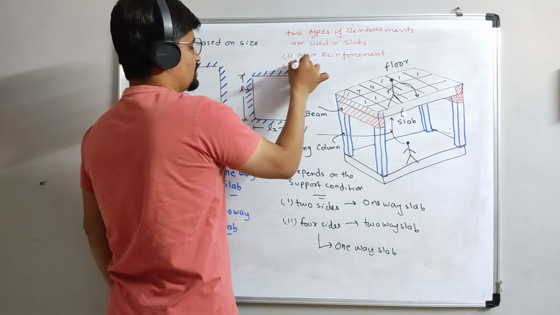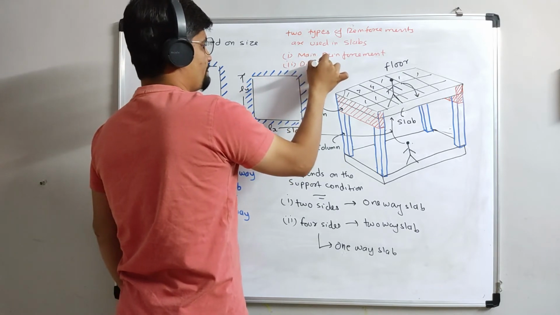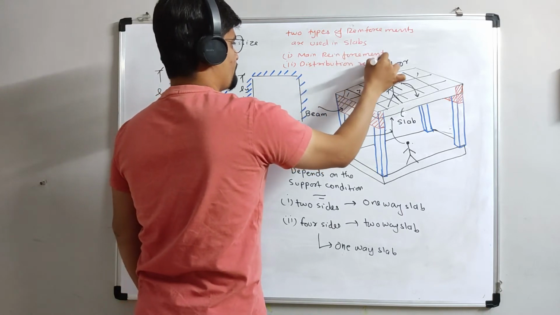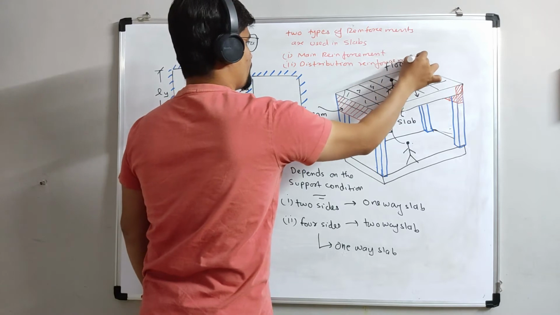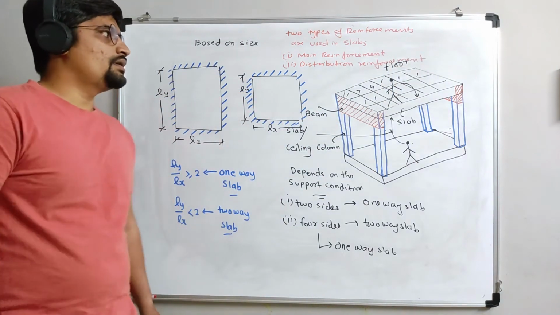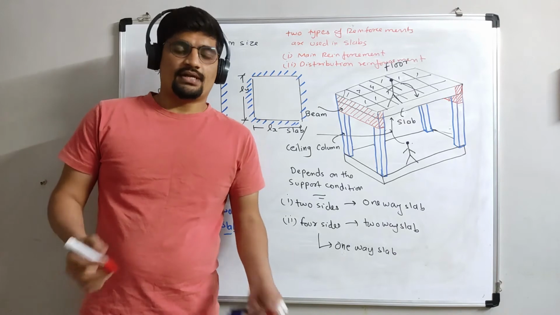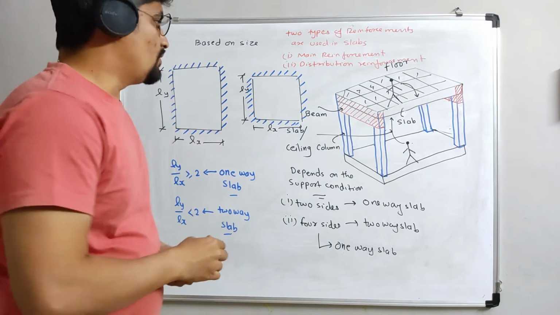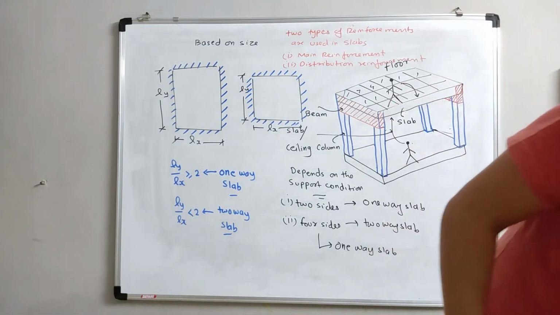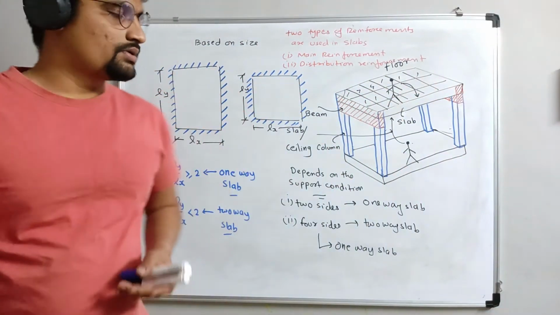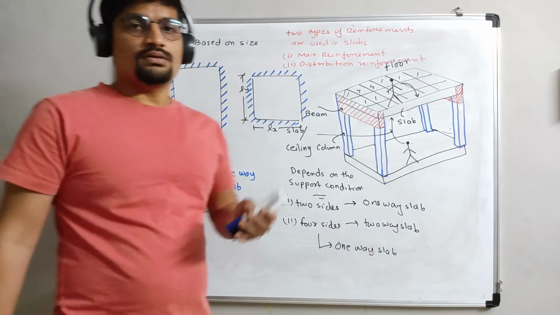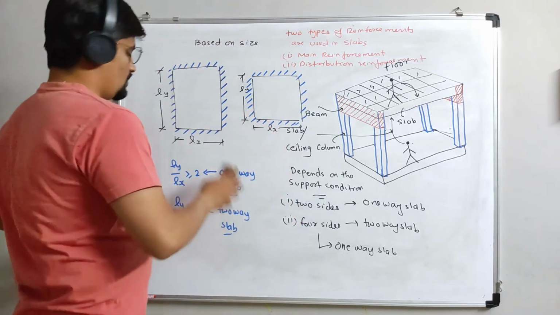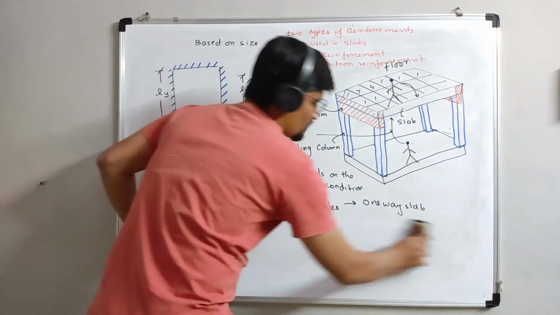Second one is distribution reinforcement. Let me make you understand the main reinforcement and distribution reinforcement. The first type we will study is the one-way slab, and I will explain the use of reinforcement in it. So let me draw a one-way slab.